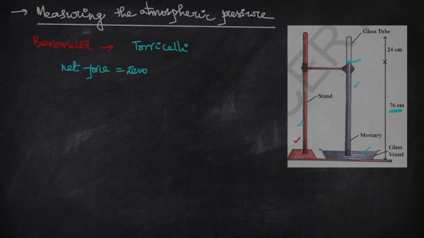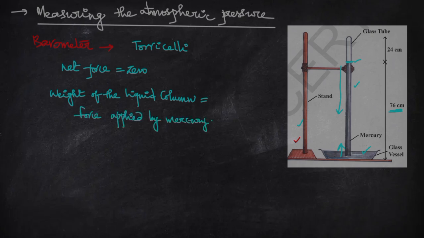Means the weight of this liquid column is equal to the force applied on this liquid column by the mercury in the bowl. This force is due to the atmospheric pressure.